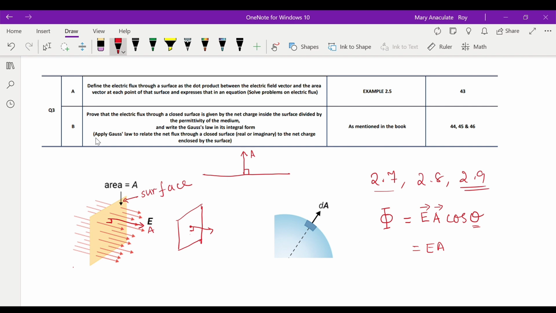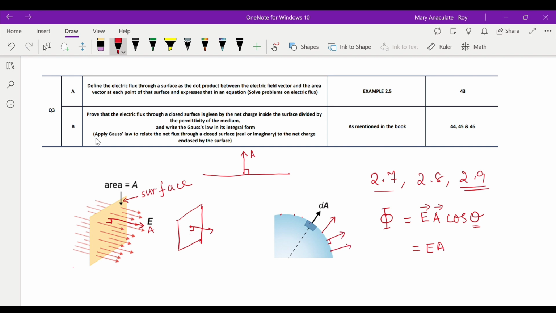Now if it's a curved surface, we will also be discussing this in many situations where you have a sphere or a spherical shell or a solid sphere, etc. We will be coming across such situations where you need to find the area vector. The area vector at any point on a curved surface, especially on the surface of a sphere or a circle, will be making an angle of 90 degrees as such.